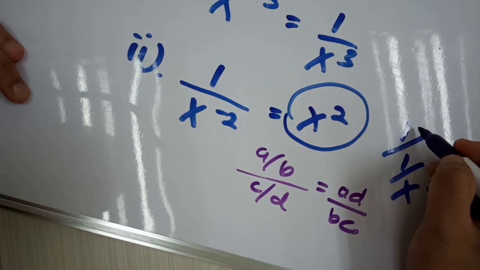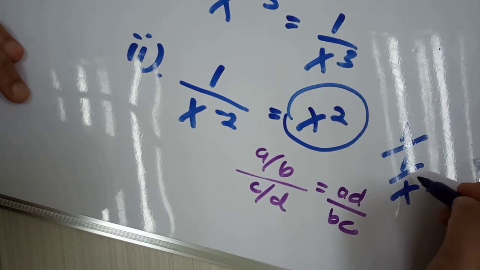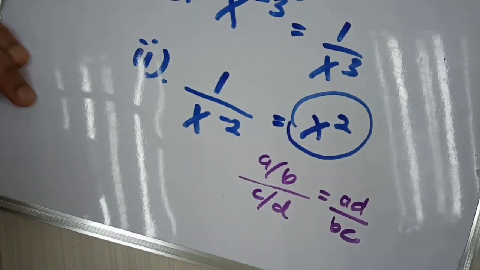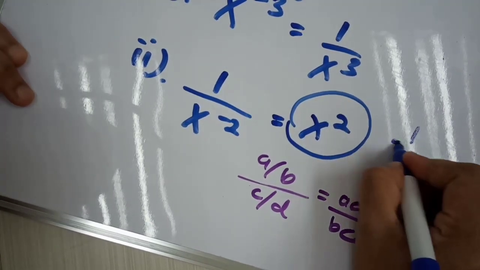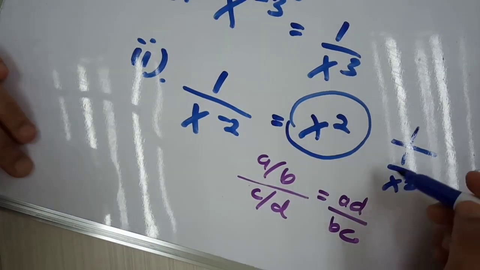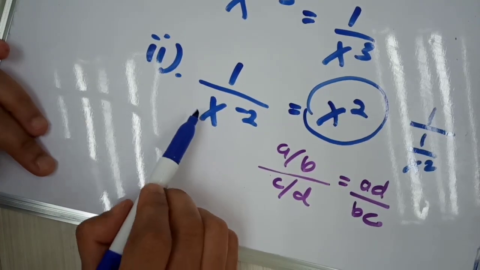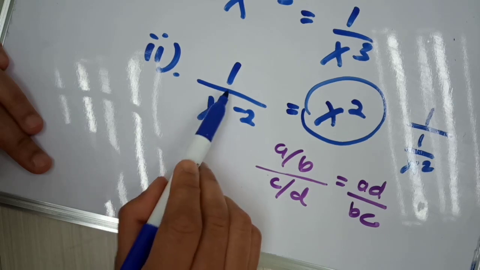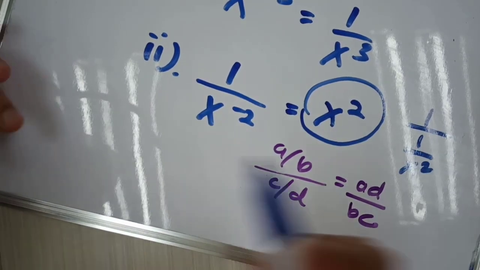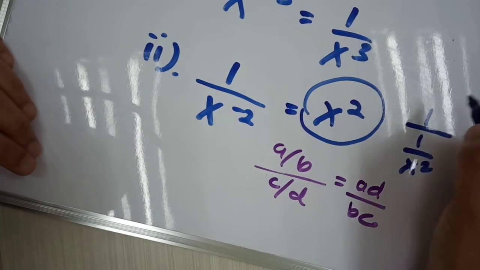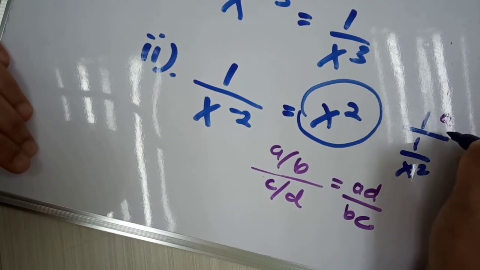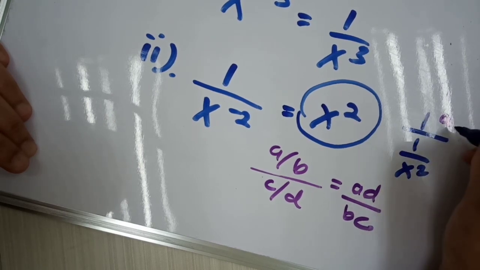So now, I will write properly for this one. It will be 1 over x power of 2. Why? Because previously we have 1 over x power of negative 2, and then it will become 1 over 1 over x power of 2. So now, this is your a. No b, because 1 is actually 1 over 1.